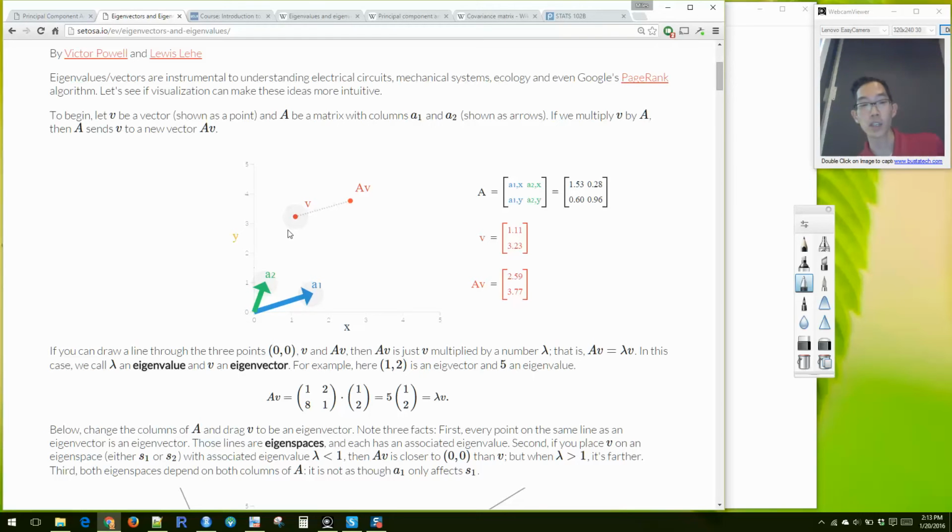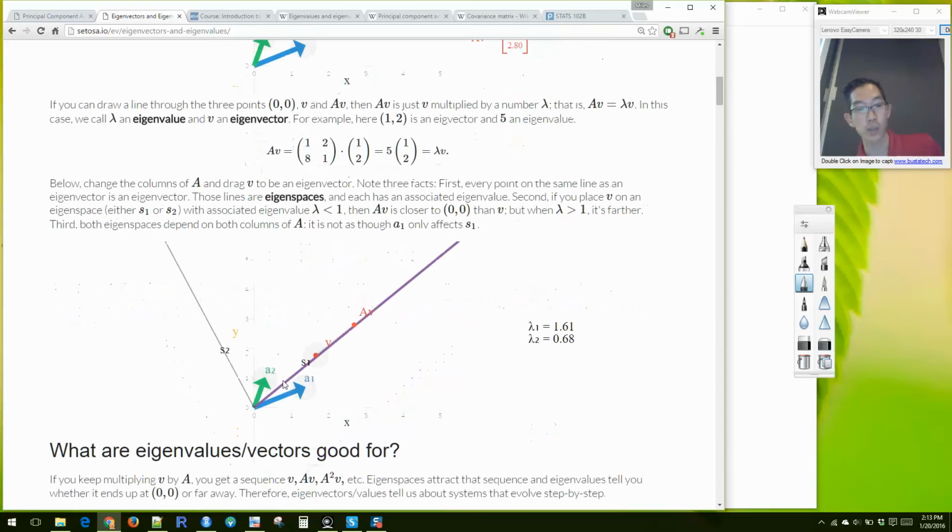Because V is a point, when you have it running through the origin, what we're saying is that to get from V to AV, you don't even need to apply the matrix itself. You can just scale along the same line, because if we just multiplied V by a scalar, it's going to go along this line. And that's what this diagram says.